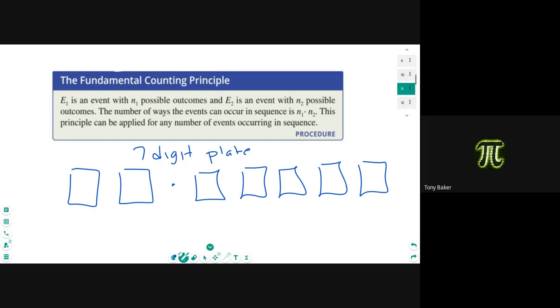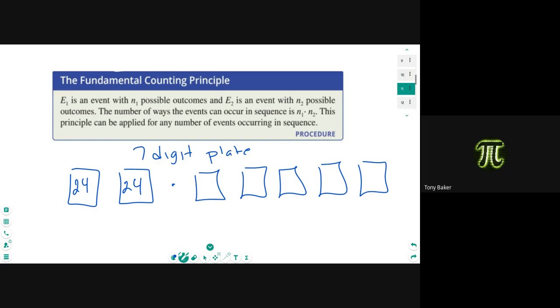So how many letters are there? I don't know if they did, but we'll assume that. 24. There's 26 letters, 24 are left over if I eliminated those two. Can we repeat the letter? Yes, because I've seen AA and BB and things like that. So we can repeat the letter.